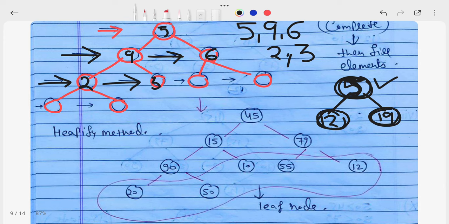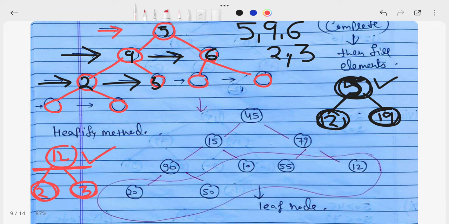And maximum means, if the root is greater, suppose root is equal to 12 and the children are 2 and 3, if the root is greater than the child, then such a tree is a max heap tree.